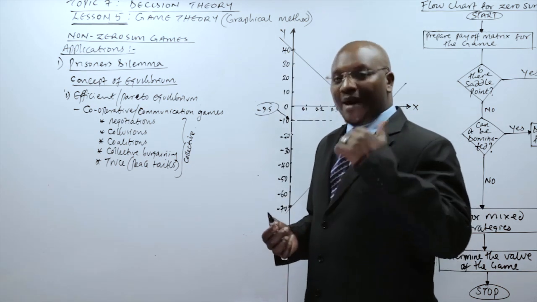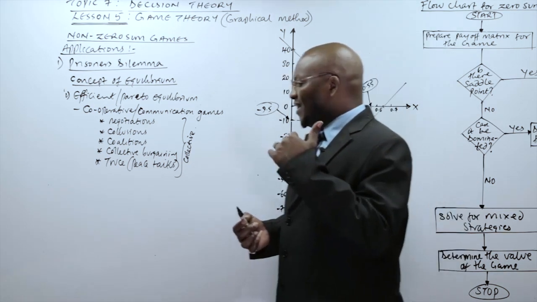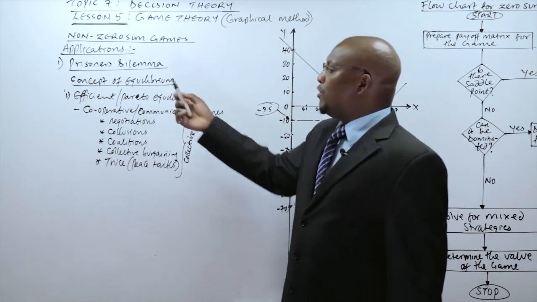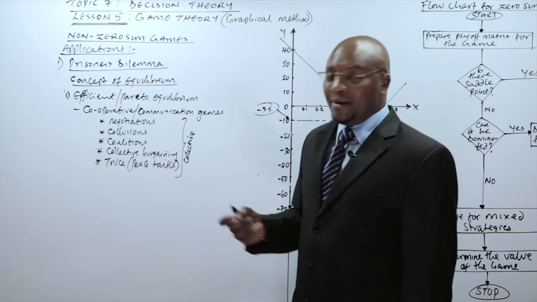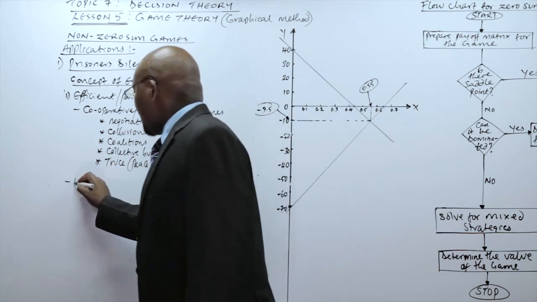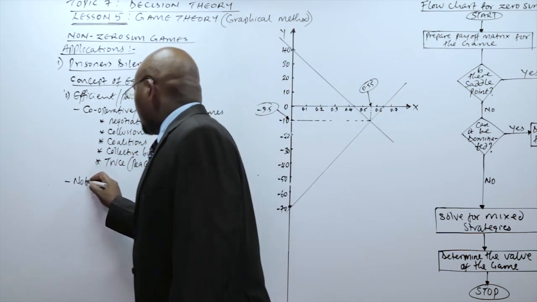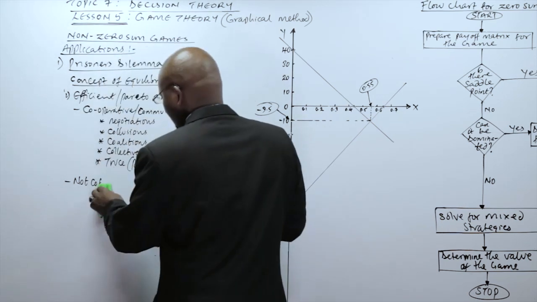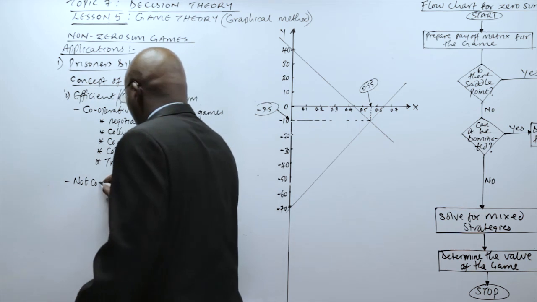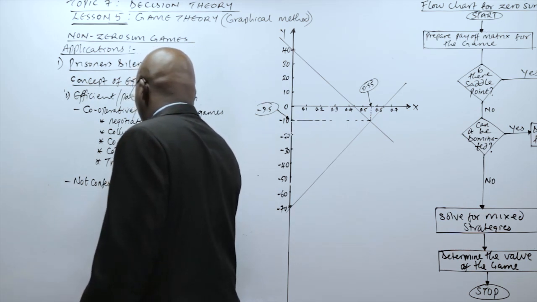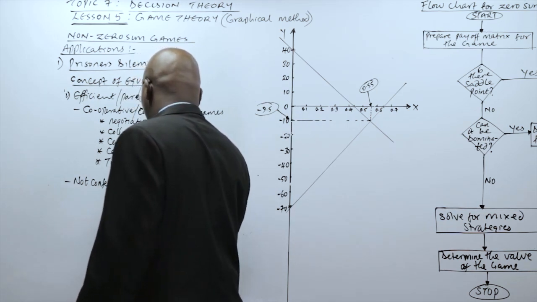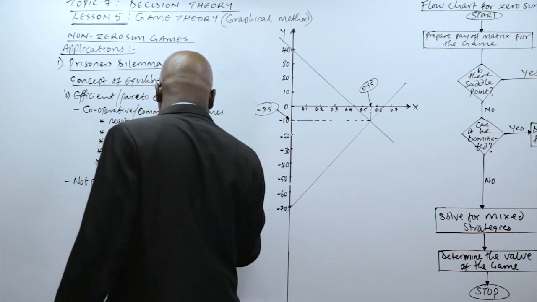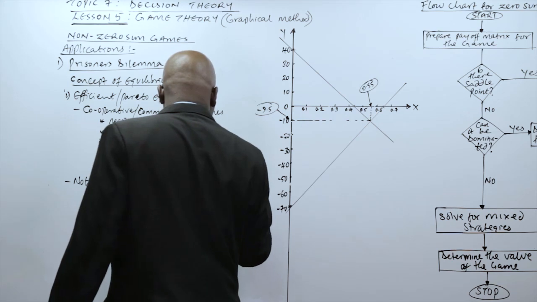Now, that Pareto equilibrium is the outcome of such games. And we normally say that for the prisoner's dilemma, the not confess option, as in deny, is the efficient equilibrium.